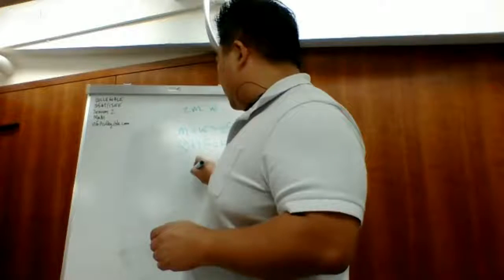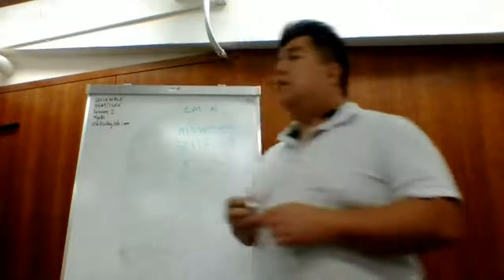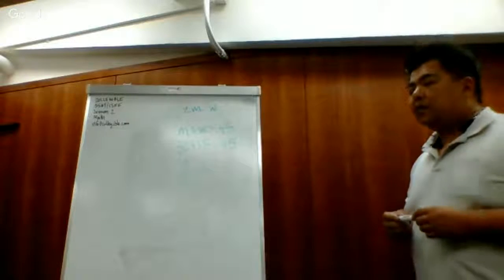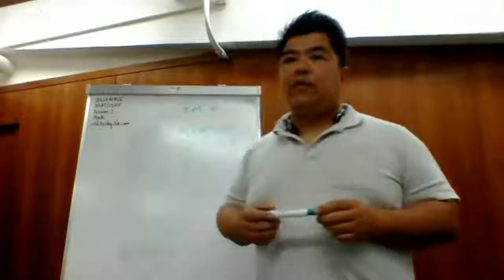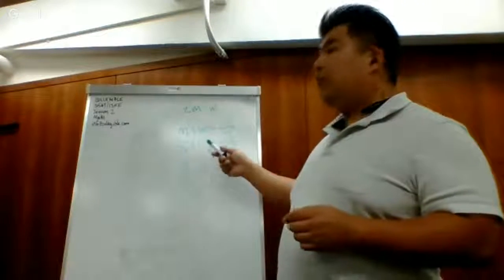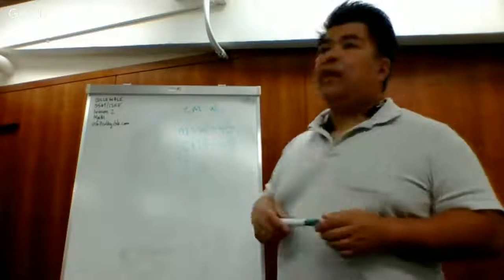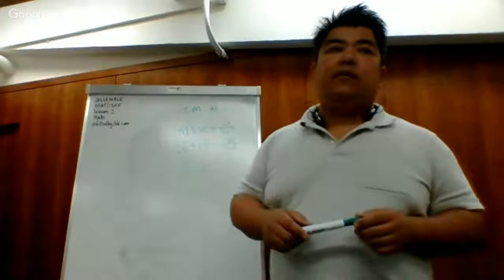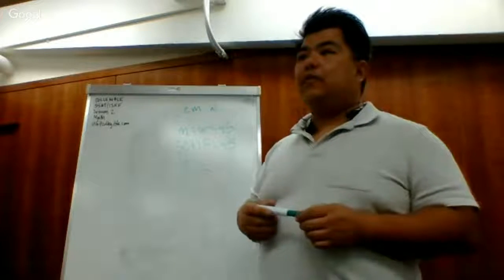And 15 times 1/3 equals 5. So that solves the problem. 5 women got the medal. That's correct. So since we know there are 15 women on the team and 1/3 of the women actually won, the answer would be 5. Does everyone see how that works? 1/3 times 15 equals 5.